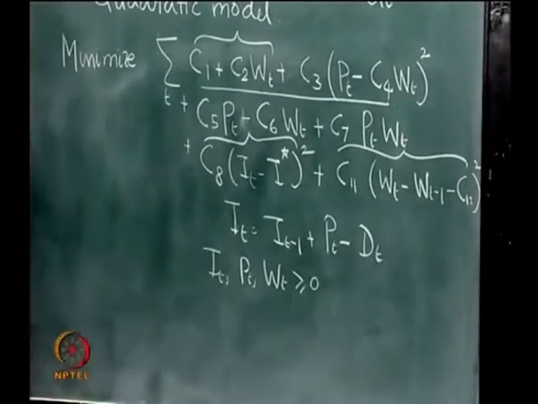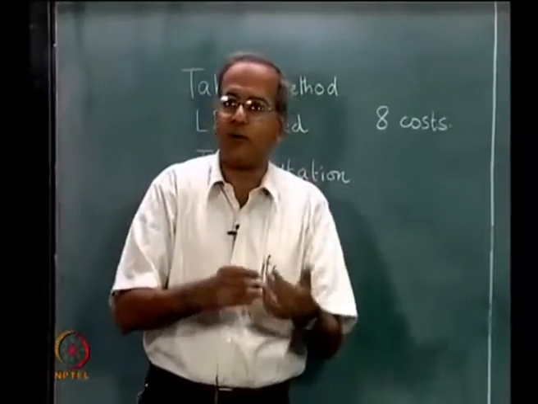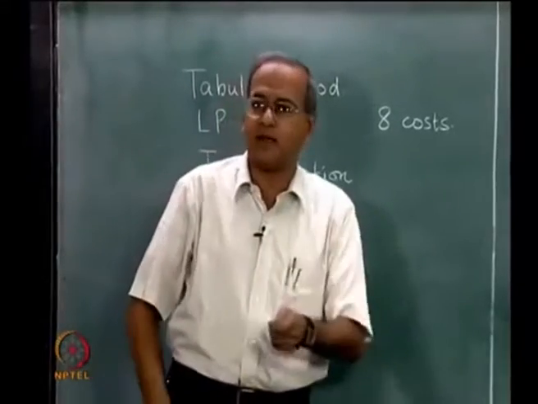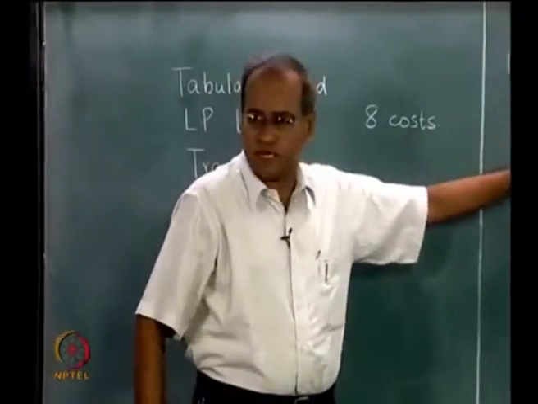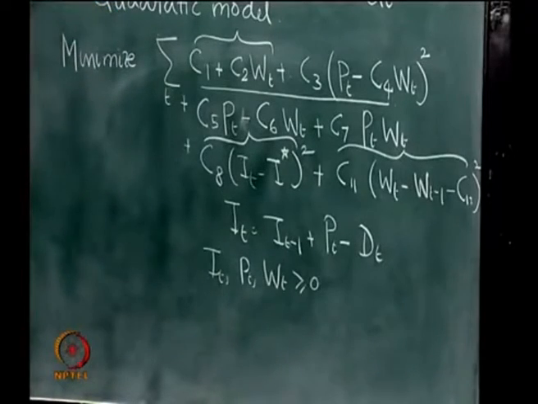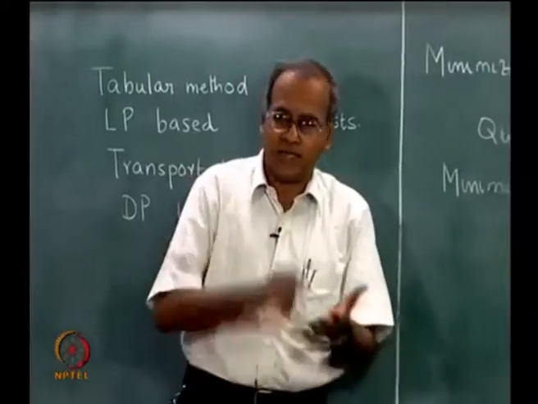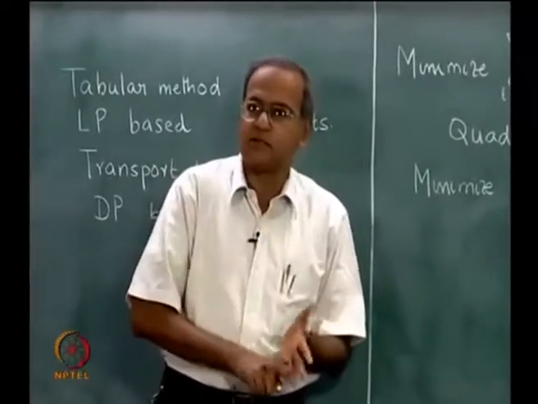So, the primary purpose of doing the quadratic model is only to inform or indicate the need to consider a quadratic objective function, because though linear optimization and linear program and linear model is very simple to model, it is easy to solve.